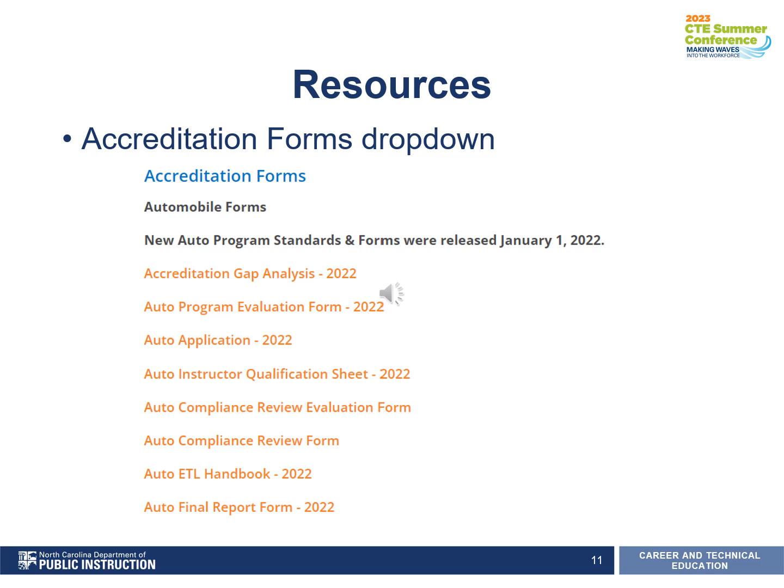There's some videos also with each standard, some resources, some forms. They're continuing to add forms and examples. So again, it's a great resource. The auto program evaluation form is a duplicate from the earlier, and that has all the information for going over each standard.